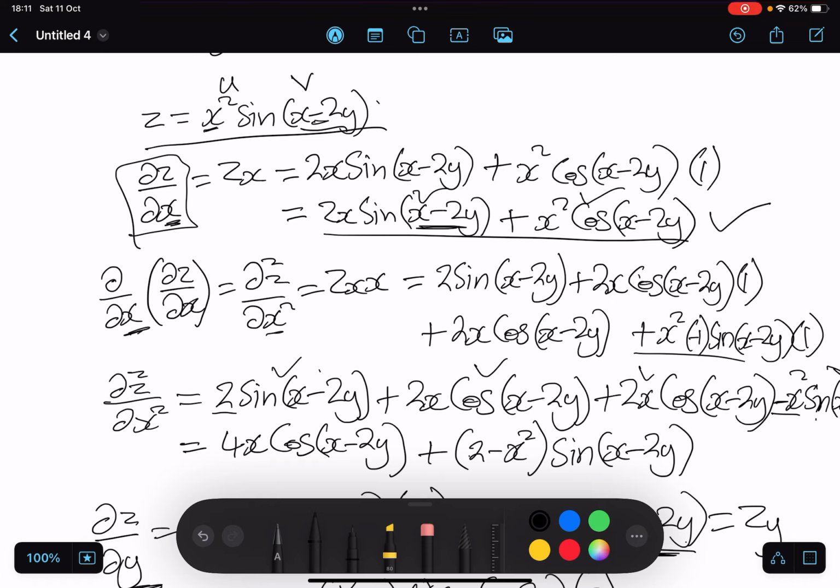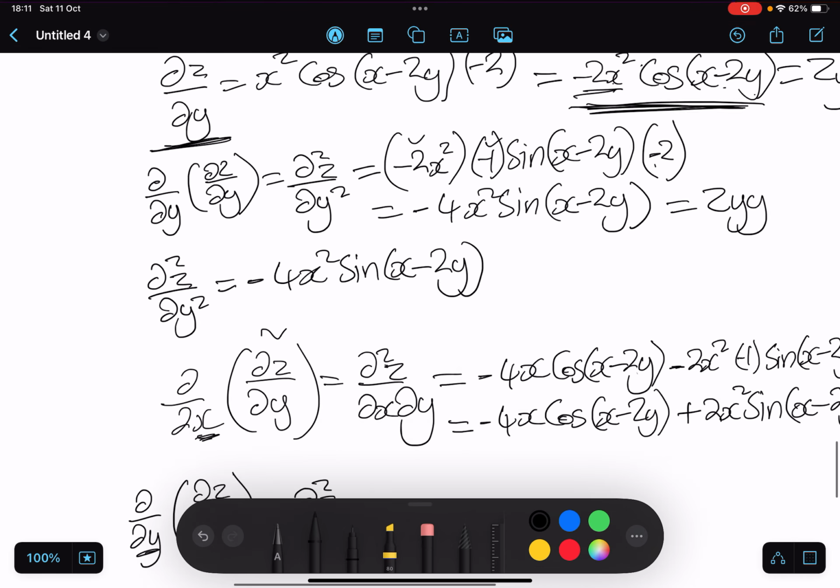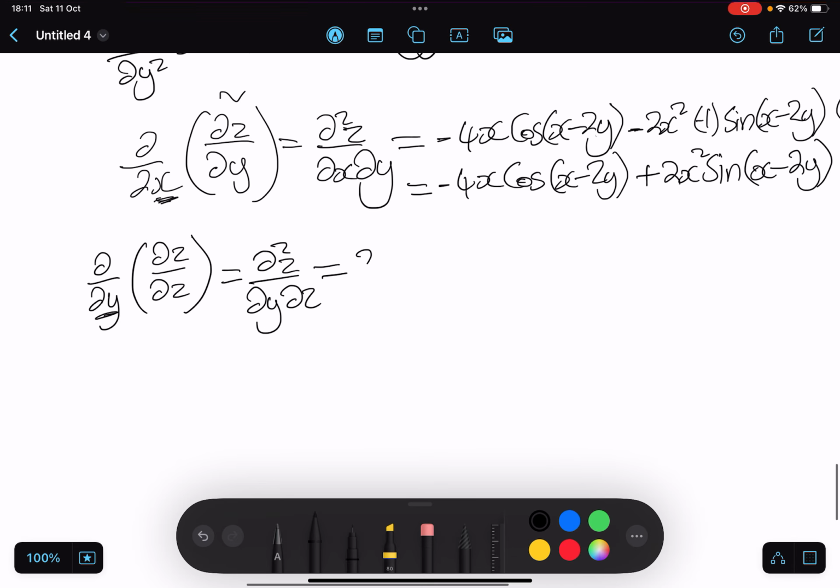That's perfect, because these are going to be constants. So starting with the first one, x is a constant. We're going to have 2x, which is our constant.